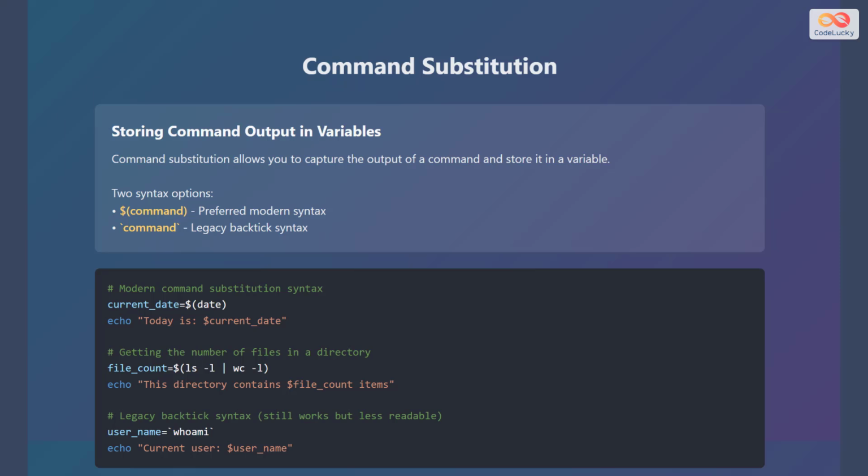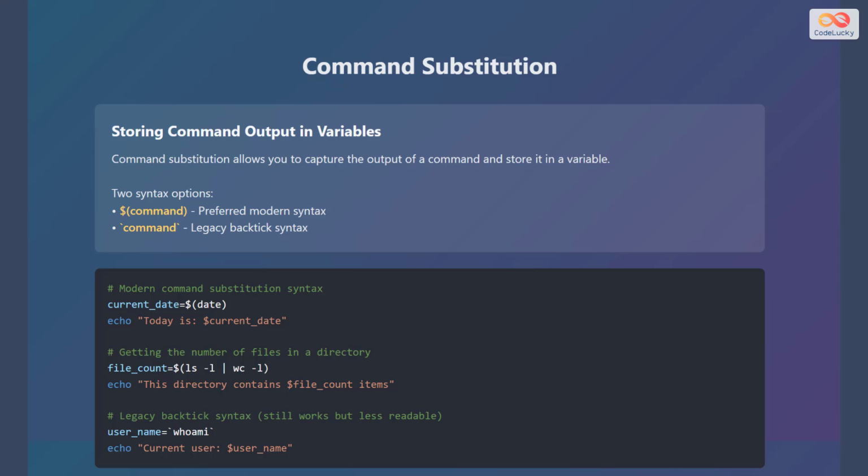The code echo "Today is $current_date" then prints today's date. Similarly, the code file_count=$(ls -l | wc -l) gets the number of files in a directory and stores it in the variable file_count. Then the code echo "This directory contains $file_count items" will print the number of items in the directory.